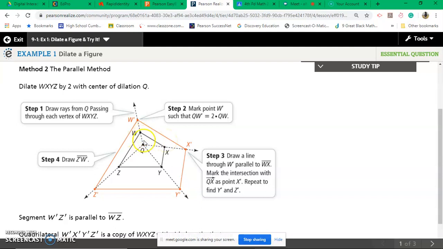Let's say this length was 3. We will multiply it by the scale factor, which is 2. 2 times 3 is 6. So that means the distance from the center to the image point is going to be 6, twice as big as the distance from the center to the pre-image point.